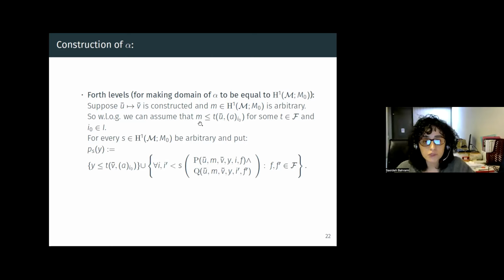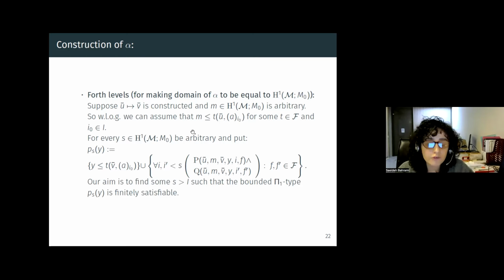So in order to find some image for this m, we define this set of formulas. Let S be an arbitrary element in H1 of M and M0, and we define this set of formulas that says that y, as a free variable, would be less than this term, because m is less than this term. And for every I and I prime, the two properties that we wanted hold.